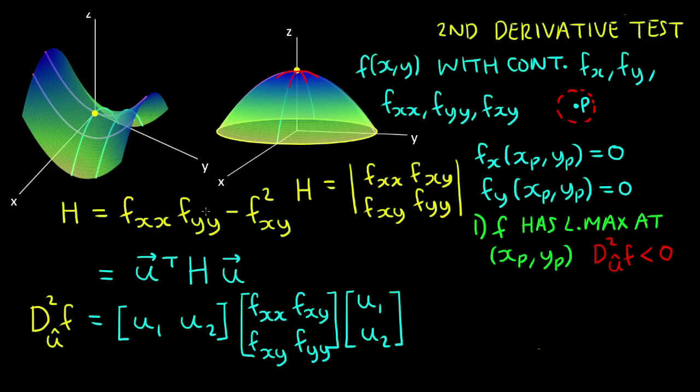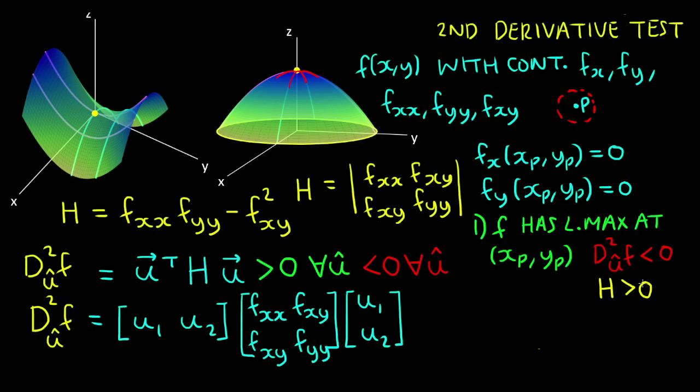So if the Hessian, being the determinant of this matrix, is larger than 0, then that guarantees this quadratic form of the second derivative in the direction of u is either positive definite, so it's always positive for every direction vector, so in all directions, or it's negative definite, so the second derivative is less than 0 no matter what the direction vector is.